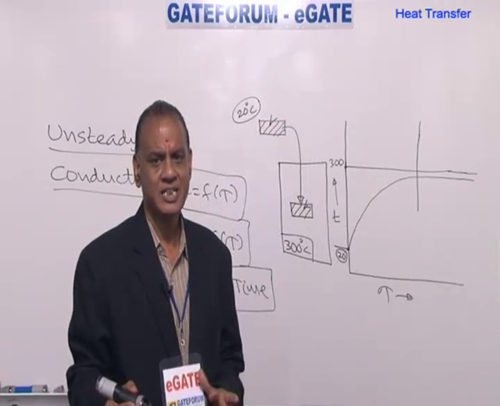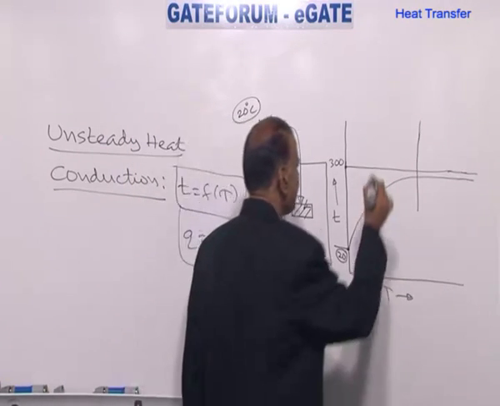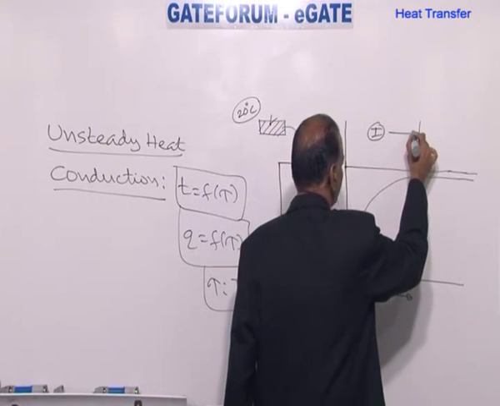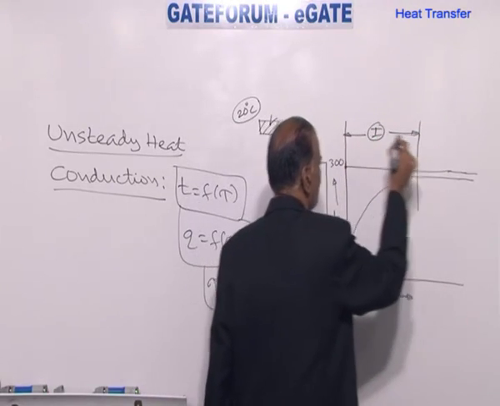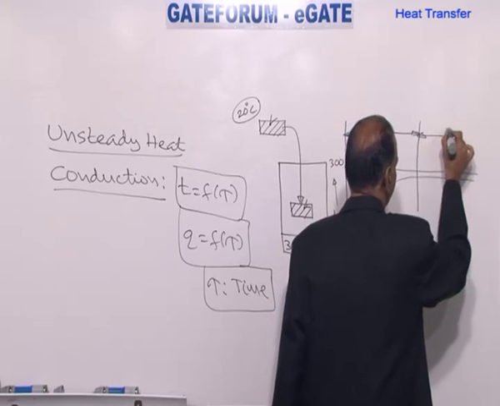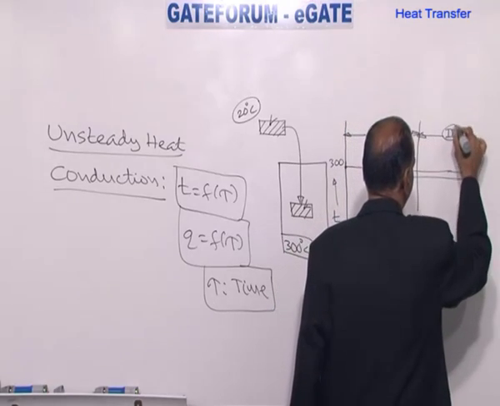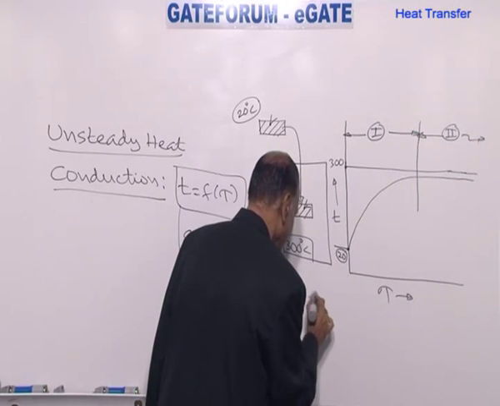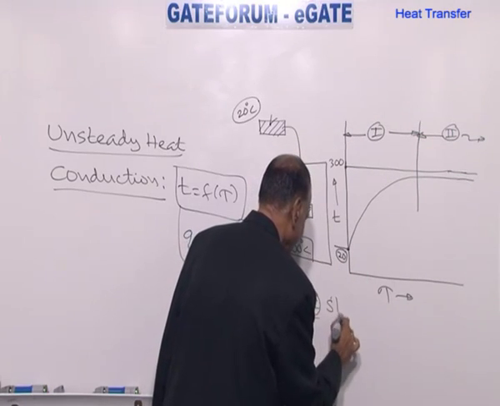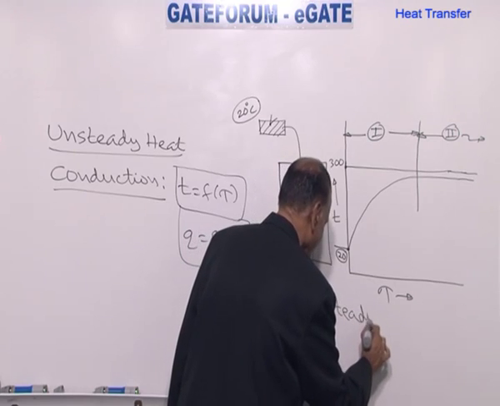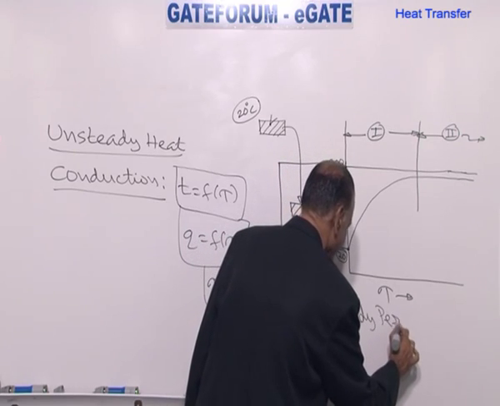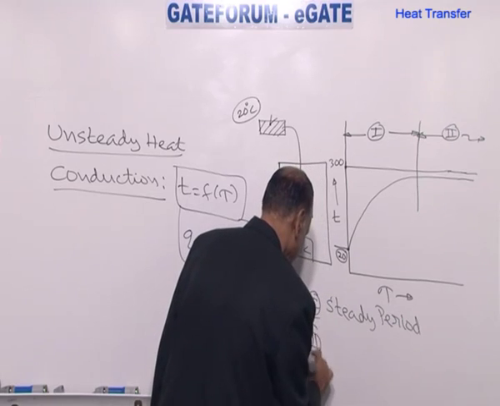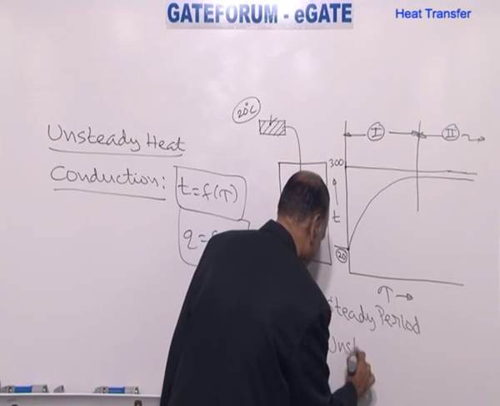We assume steady state condition, which means that this entire heat transfer process can be split into two distinct zones, zone 1 and zone 2.